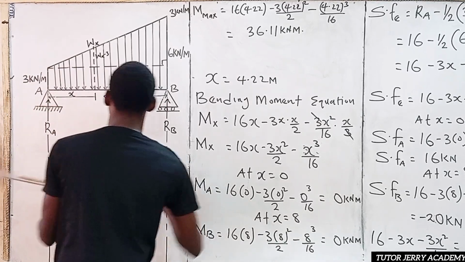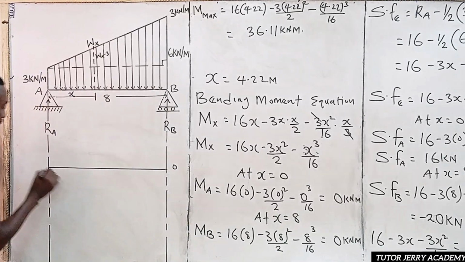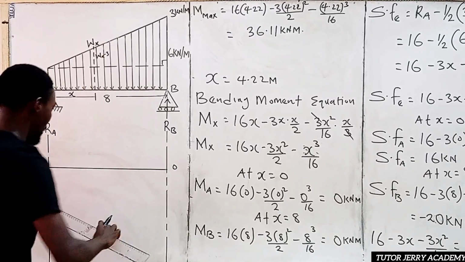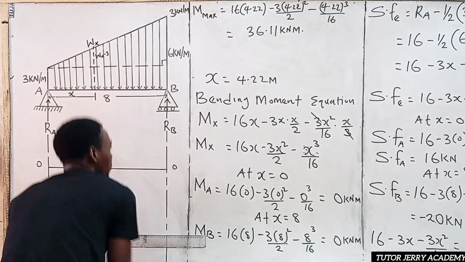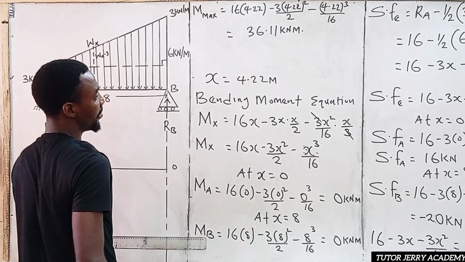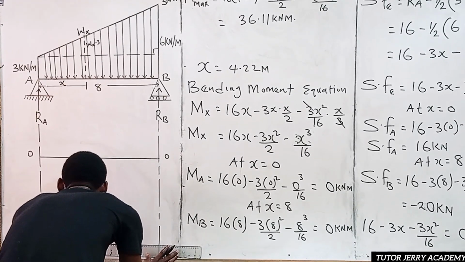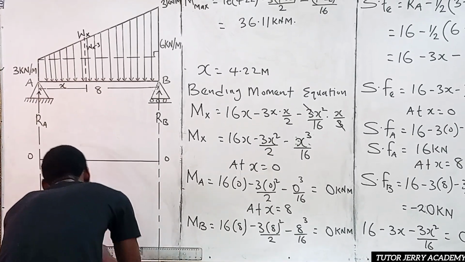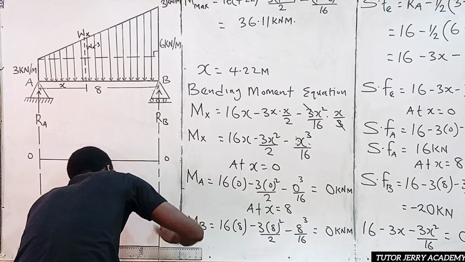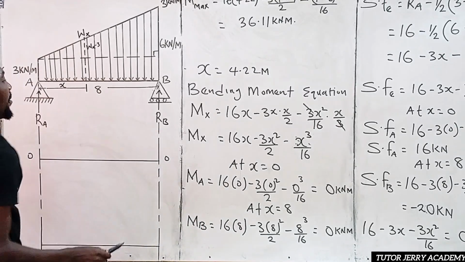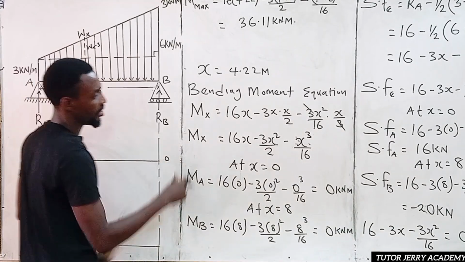All right. So now, here is going to be 0. Here is going to be 0. Since we don't have any negative value for our bending moment, let's take this down. Now for our shear force, let's start with shear force.